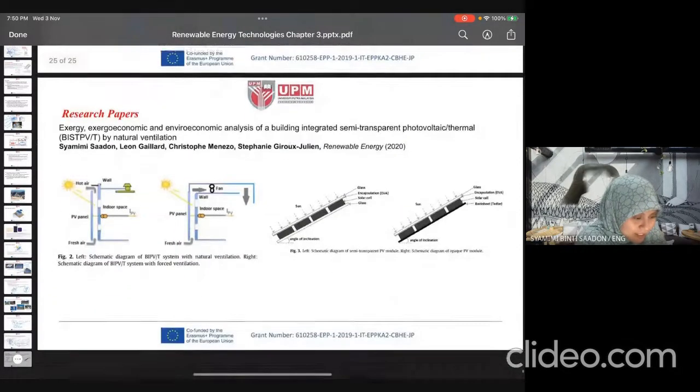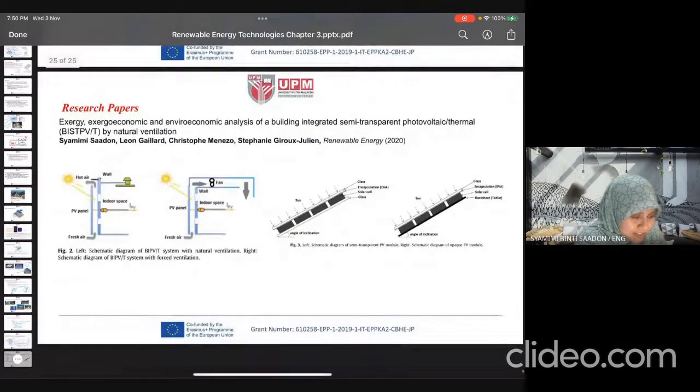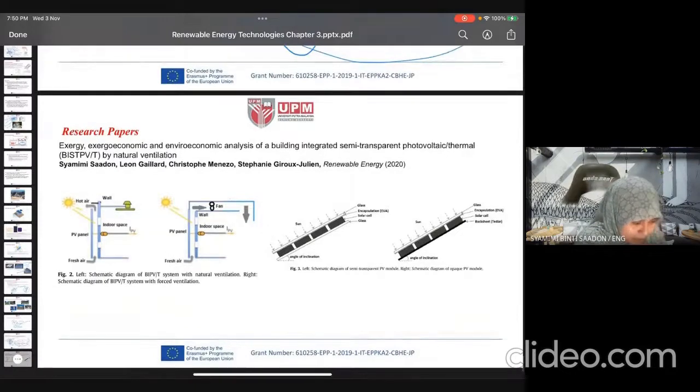Other than that, this is another paper by me also, but this one is more on the analysis part, application analysis. If you remember, during the first week of the introduction of the course, I talked about the second law of thermodynamics, which involves entropy.